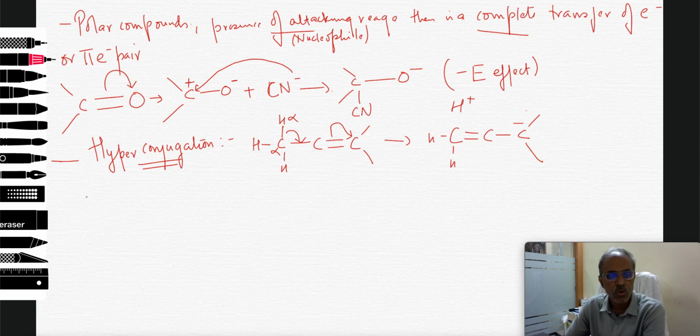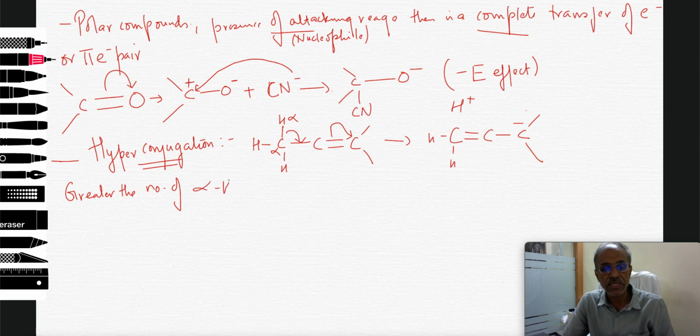Okay? Now, this type of electron release on the carbon atom due to the presence of alpha hydrogen atoms is known as hyperconjugation. Greater the number of alpha hydrogen atoms, more is the transfer of electrons.